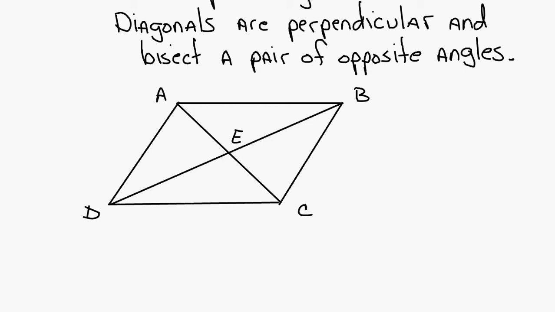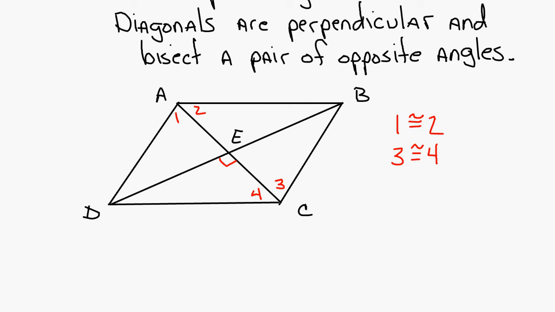So where these diagonals intersect each other forms a 90-degree angle. Now these diagonals, they form 4 angles. So we got angle 1, 2, 3, and 4. Alright, so in this case, angle 1 is going to be congruent to angle 2. And angle 3 is going to be congruent to angle 4. Alright, that diagonal AC splits this entire angle in half.